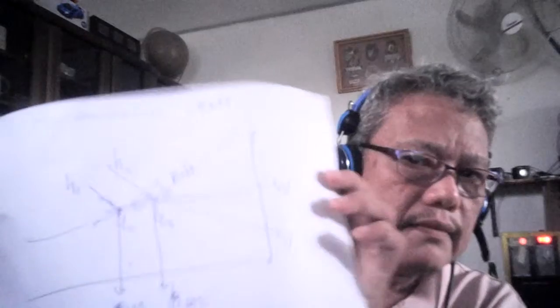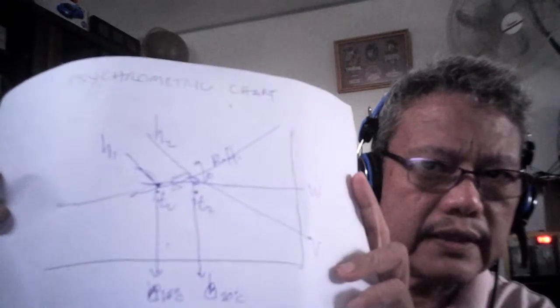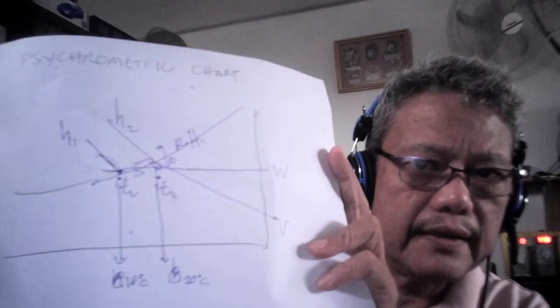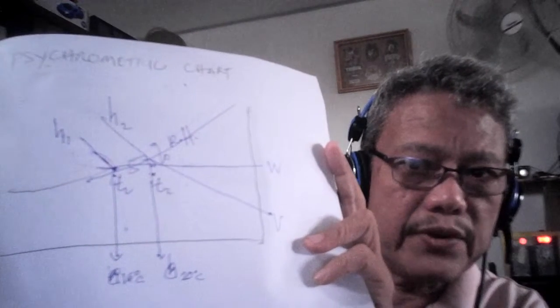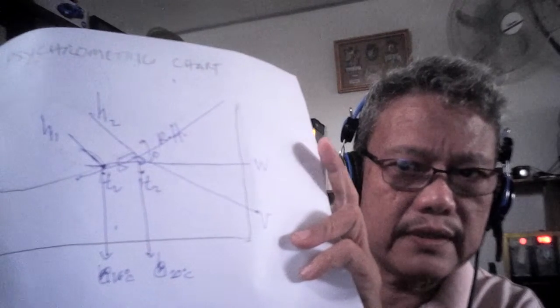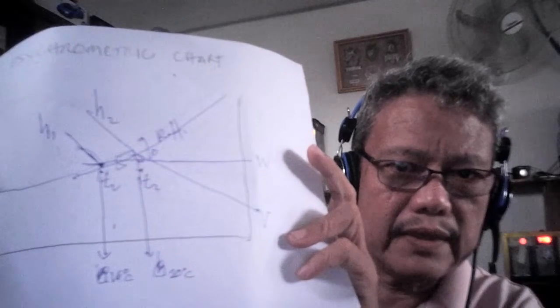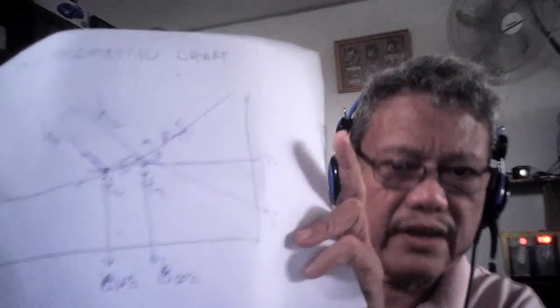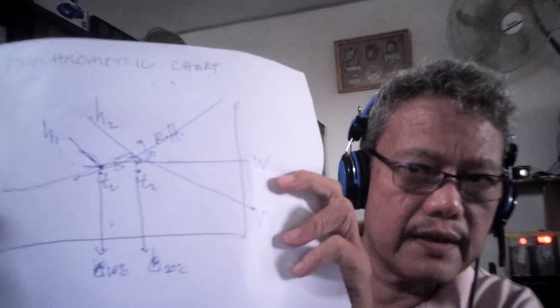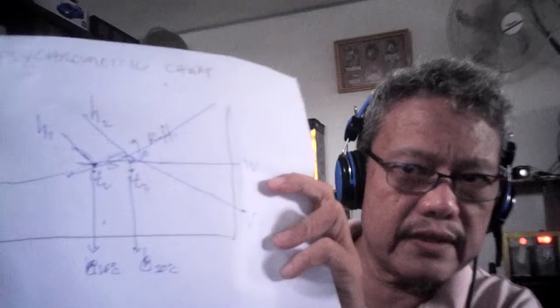I just want to show you the psychrometric chart. This is the psychrometric chart. If you have the chart itself, you will find the percent relative humidity, the saturation line on the top.